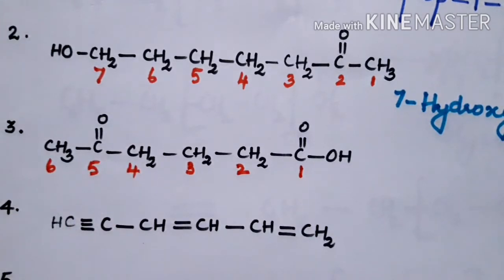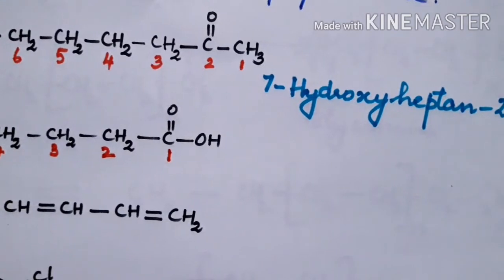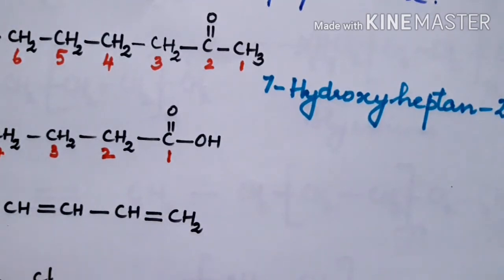That means it is a 6 carbon chain. It is a derivative of hexane. So the naming will go like this: it is a carboxylic acid, a hexanoic acid, but it has a ketone group at the 5th position.